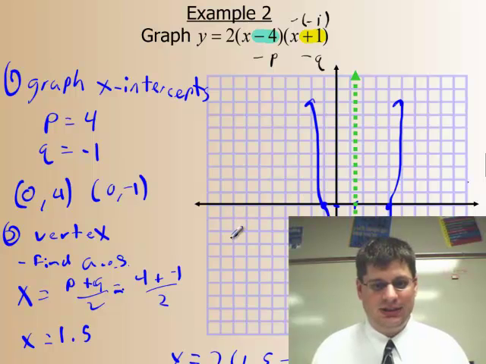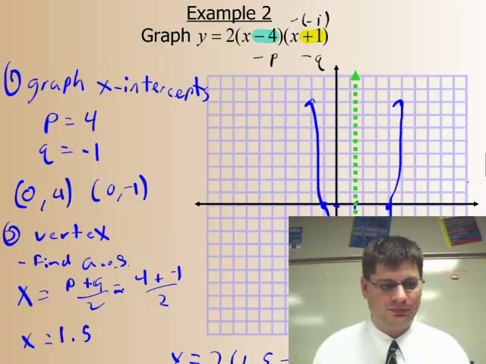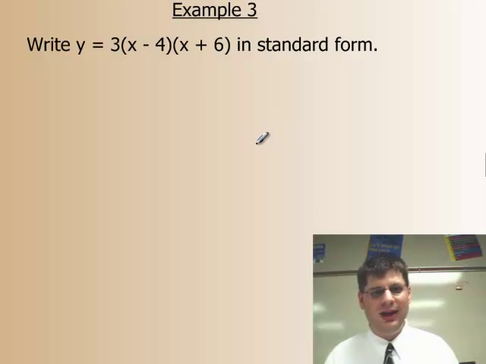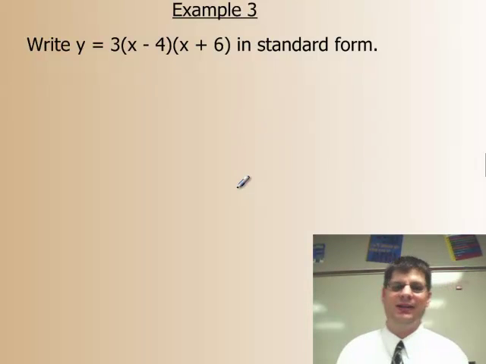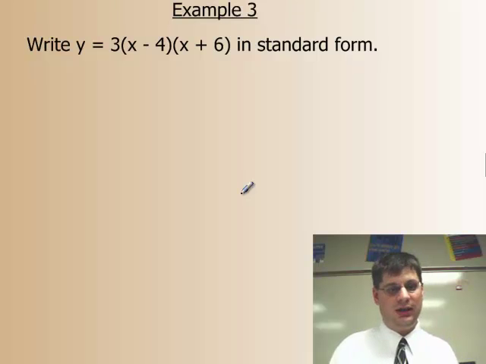Let's get away from the graphing and let's take a look at something that's just more algebraic. So we're going to write an equation that's in, well, what form is this in?